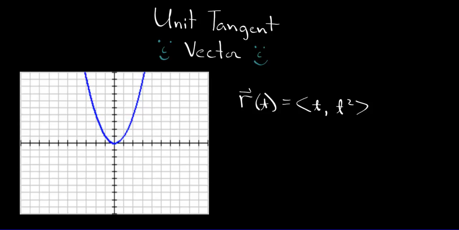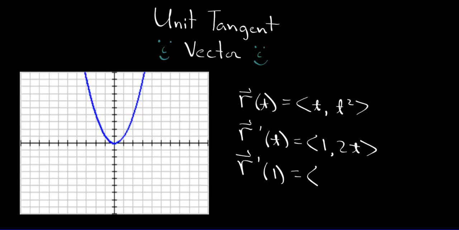In other words, I want to get the vector that's parallel to the tangent vector at 1. So I'm going to say r prime of t, and of course that's 1 comma 2t. Now I want the specific vector at t equals 1, so I'm just going to say r prime of 1, and I get this. Now remember, the way we sketch these velocity vectors or derivative vectors is using the initial point.